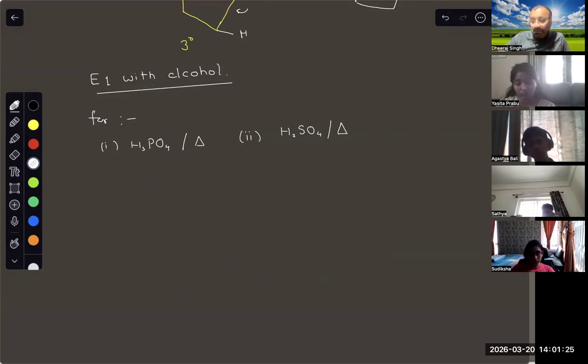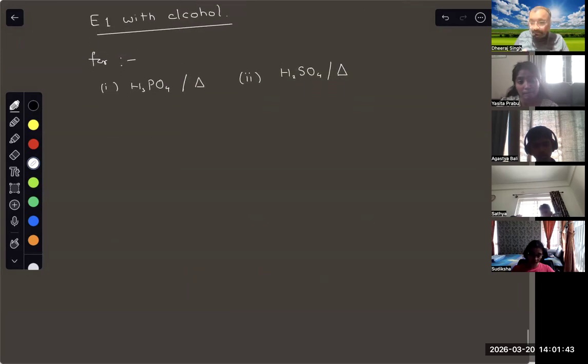But in the previous case, in SN1, H2SO4 was there, and then there was a nucleophile which attacks. Fine. So let's take certain examples. All of you do this.